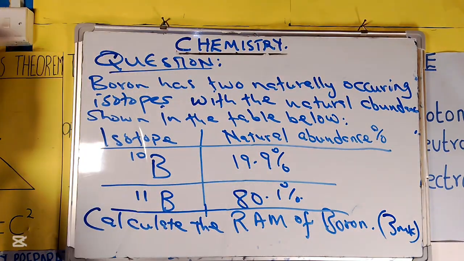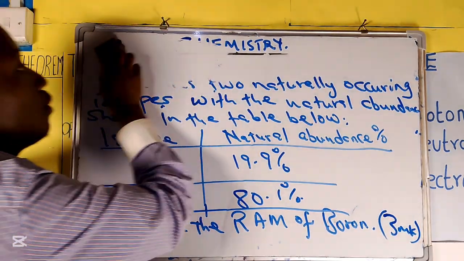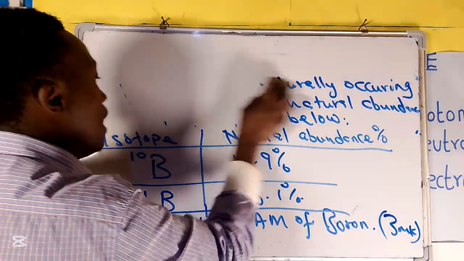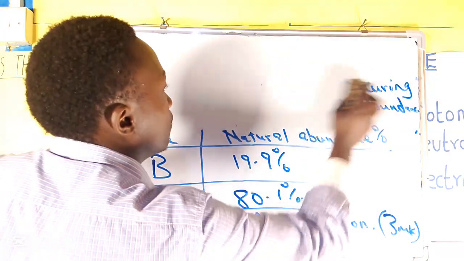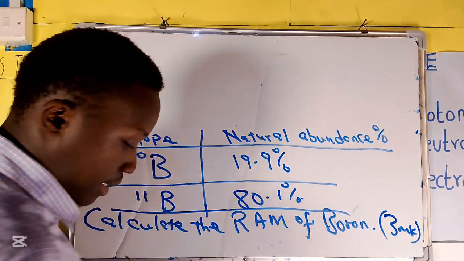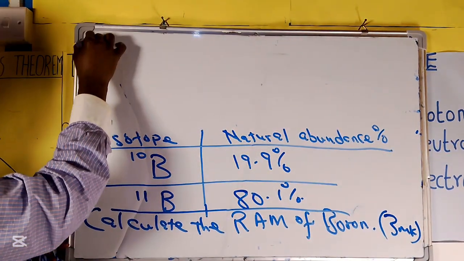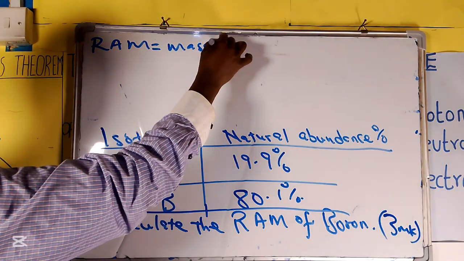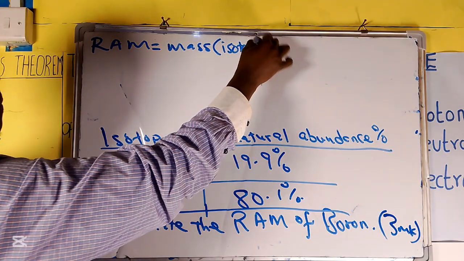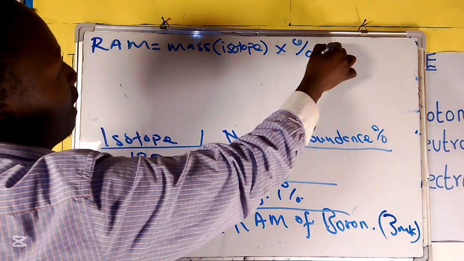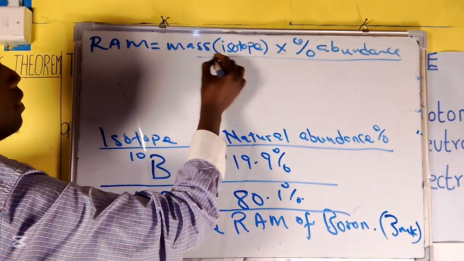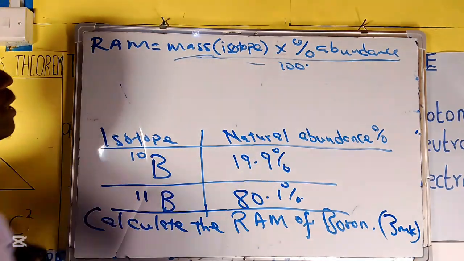So for us to calculate the RAM of boron, we've just said that the formula for RAM is equal to mass of isotope multiplied by percentage abundance over 100.